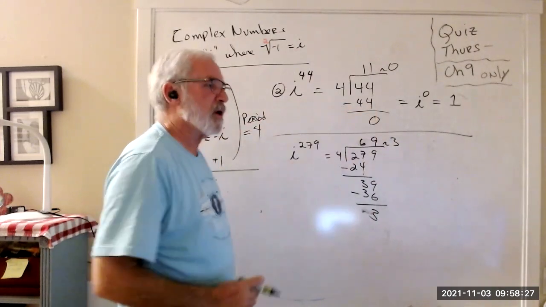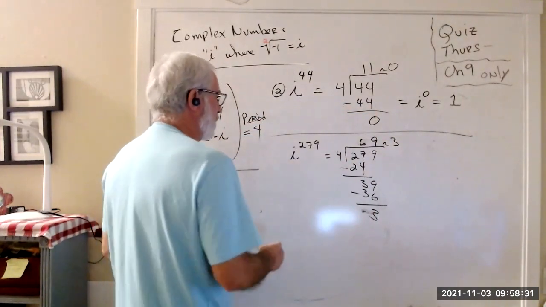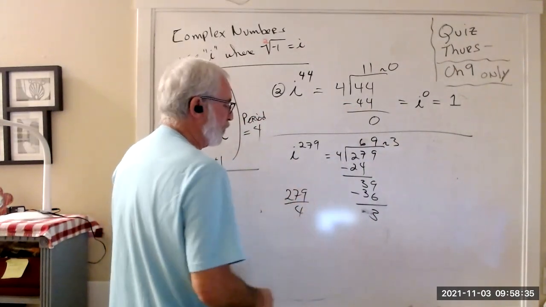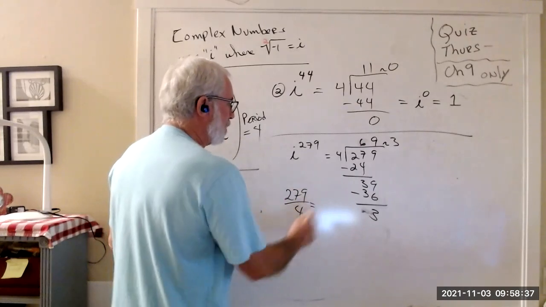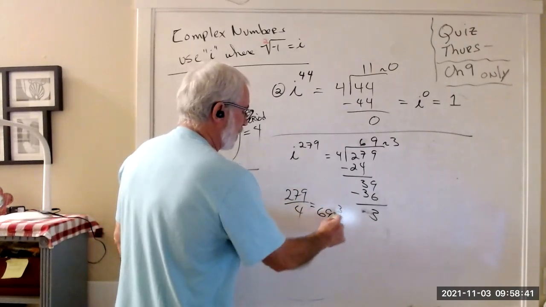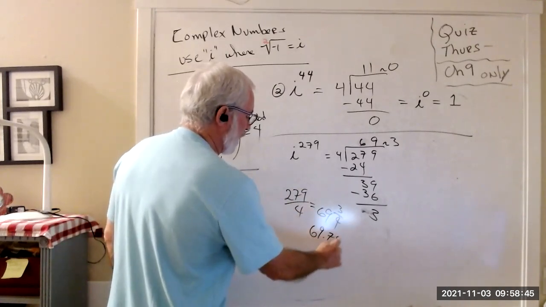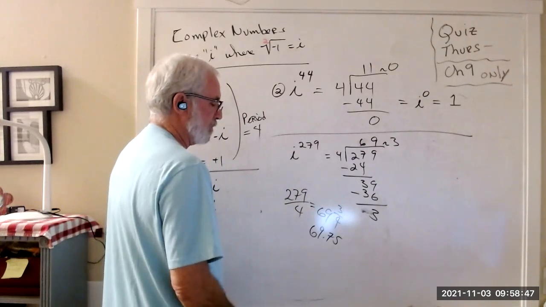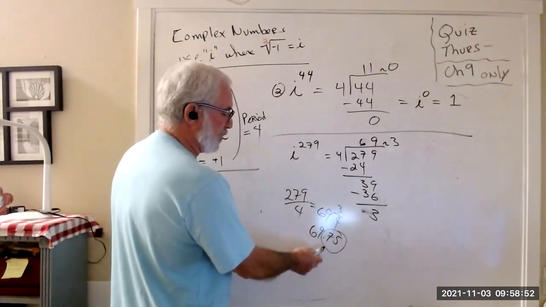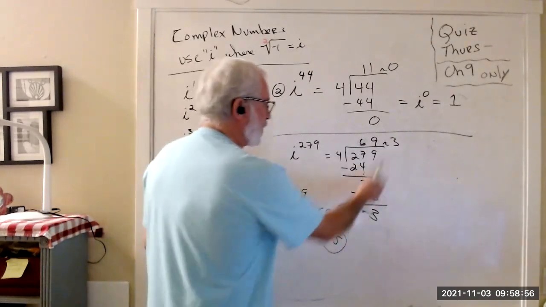If you did it as a fraction on your calculator, pushing the F-D, if you did 279 fraction 4, it would probably give you 69 3/4, or maybe 69.75. But you're supposed to know that 0.75 is 3/4. That's like an automatic. And that meant the remainder was 3.